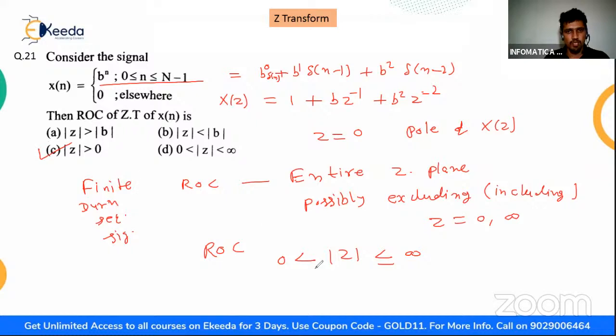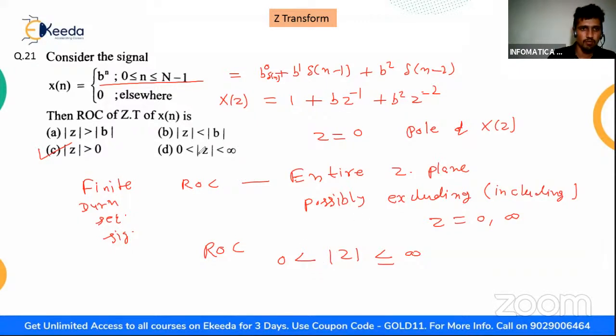Why? Suppose they mentioned in option C or in any other option like that, including infinity, then D is also correct. If they have included this infinity, then D is also correct. But since they have not included infinity in ROC, this D is not correct. So always take care of these equal symbols also. Whenever there is an equal symbol, it means that ROC is including that z equals 0 also.